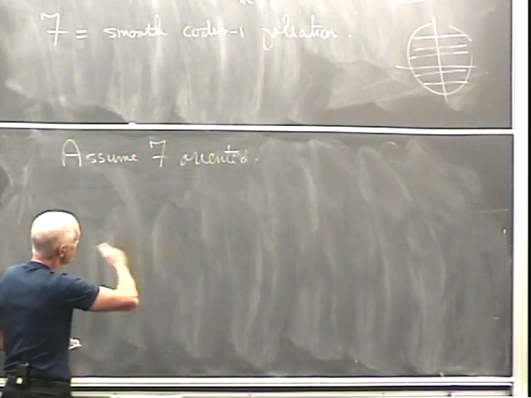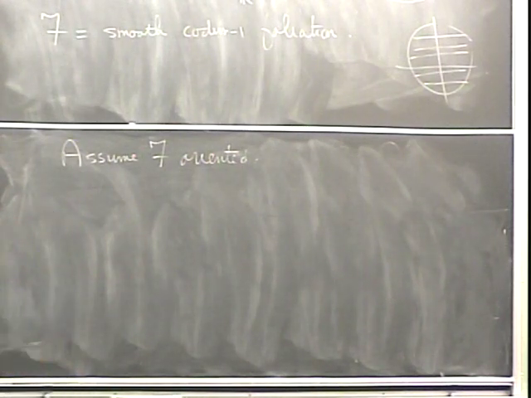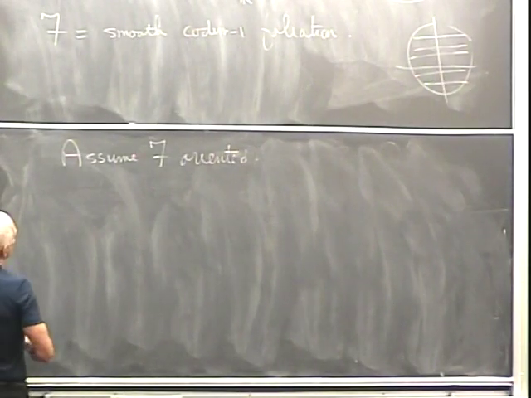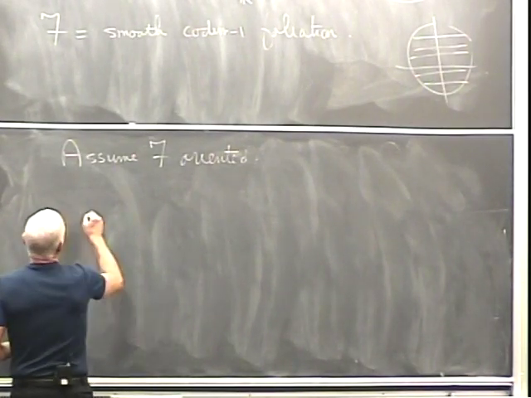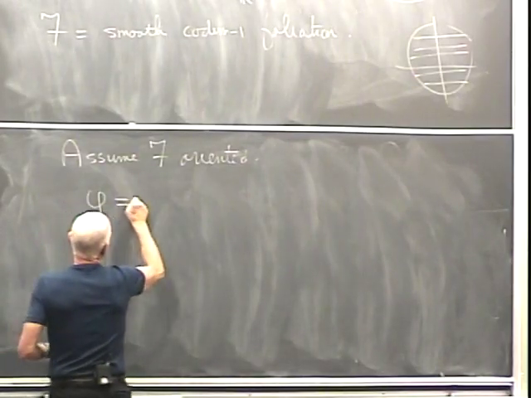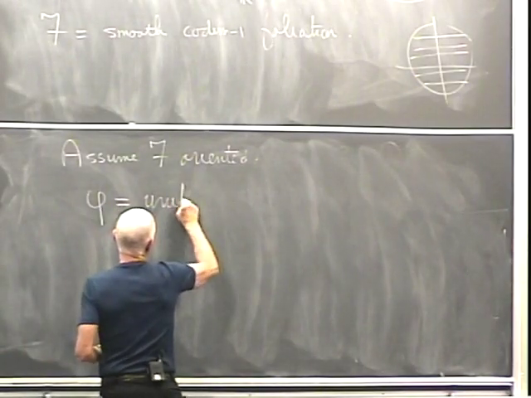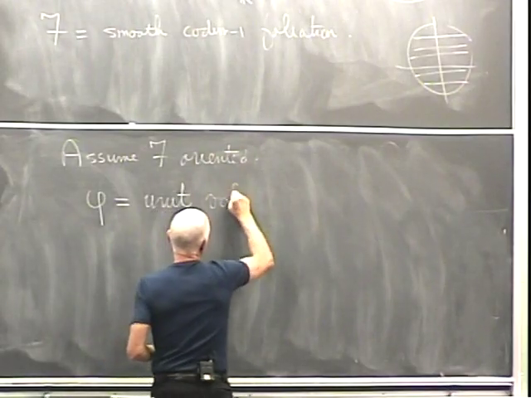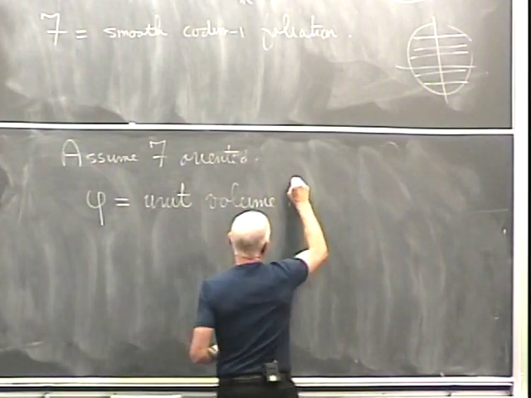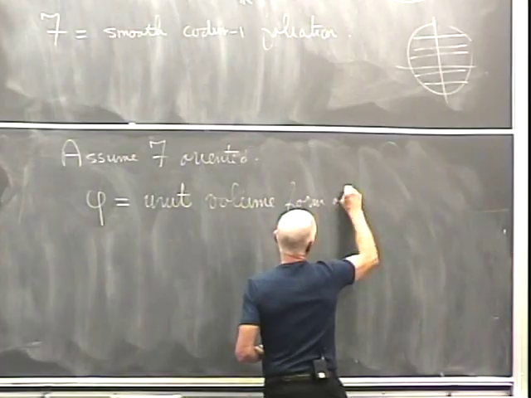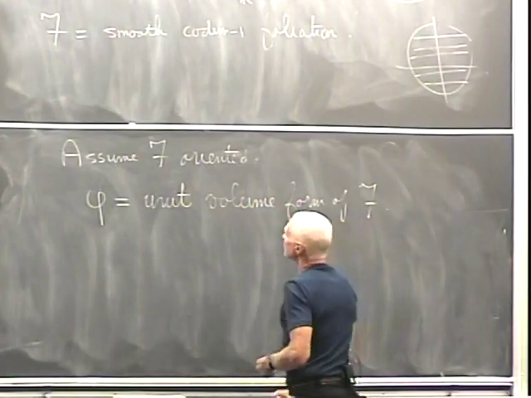The whole tangent bundle to the leaves has to be orientable, and we've chosen an orientation. Okay, so then I can let phi be equal to the unit volume form of F.